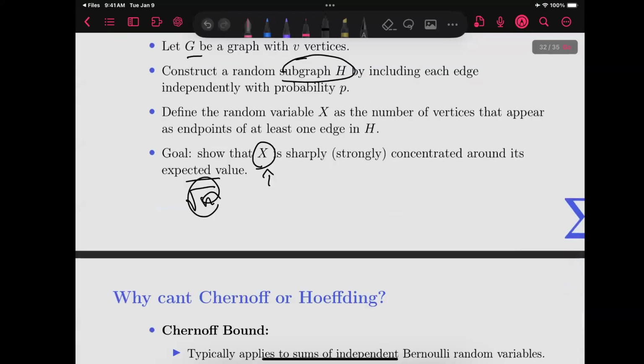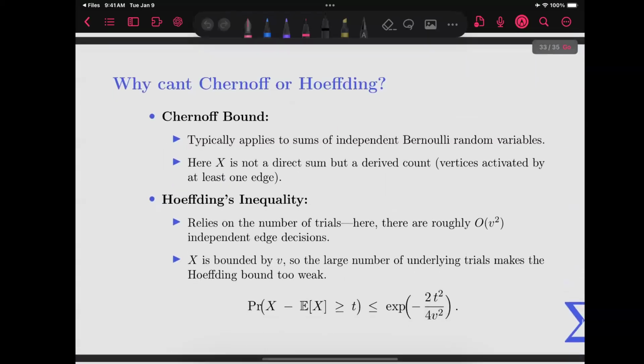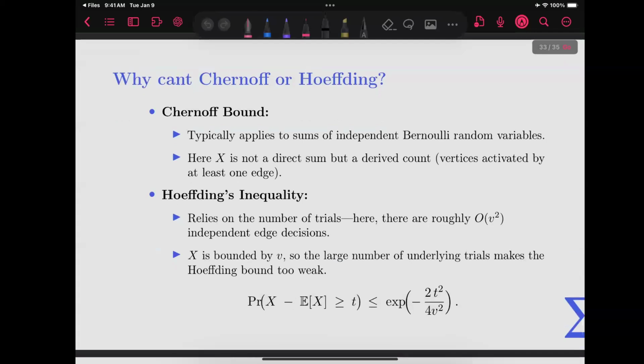I'm first going to talk about why other concentration inequalities cannot be used. First of all, Chernoff, like we said before, has to be a sum of Bernoulli random variables, but the graph is not a sum of them.